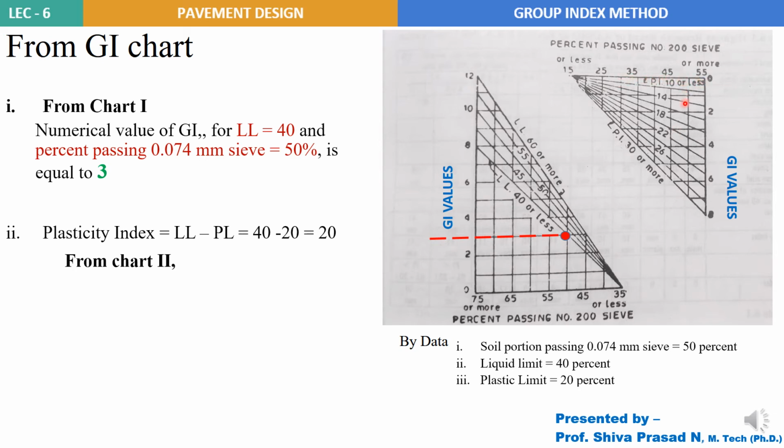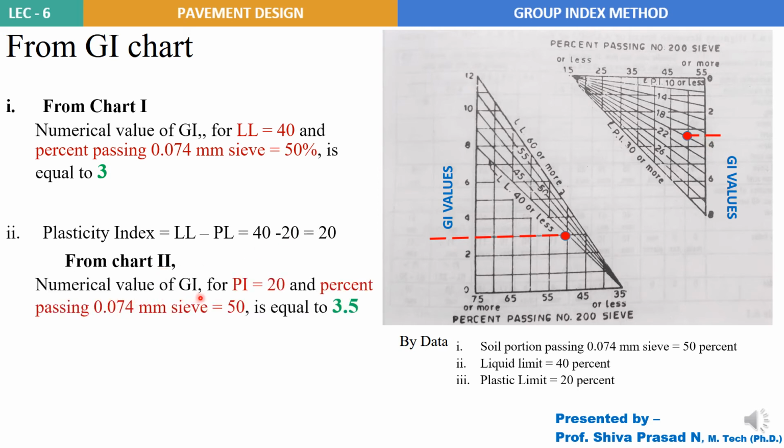This vertical line stops somewhere here. This point marks the 50% passing 0.074 mm sieve and a plasticity index of 20. Moving horizontally towards the right, the group index value reads, I think, 3.5: this is 3, and in between 3 and 4 we have 3.5.